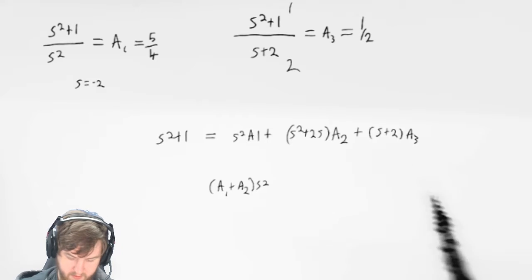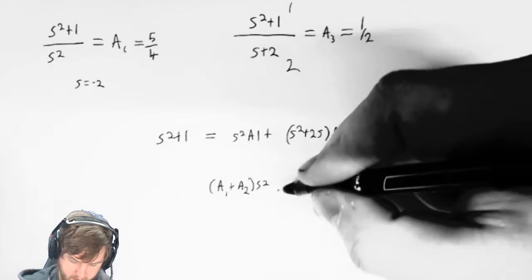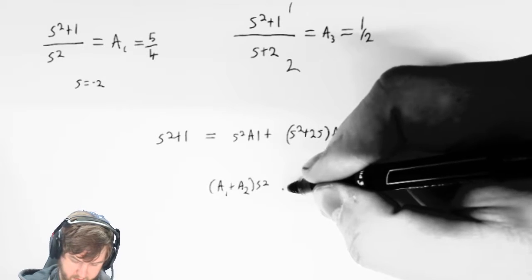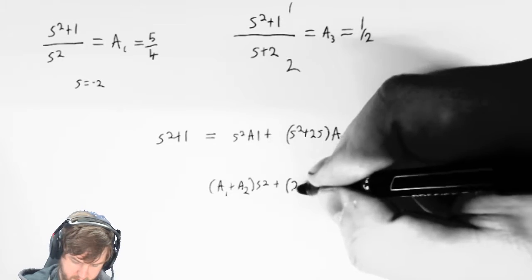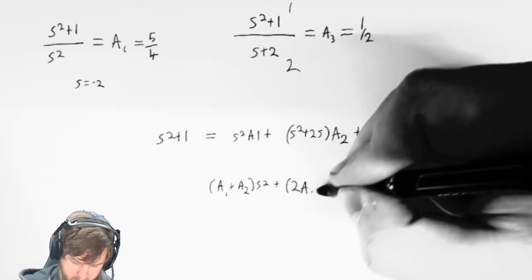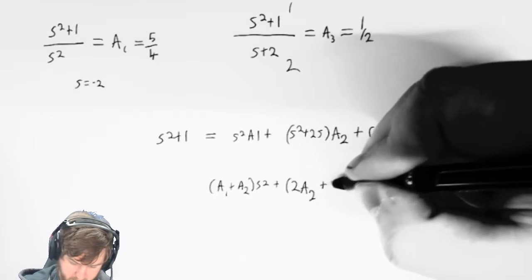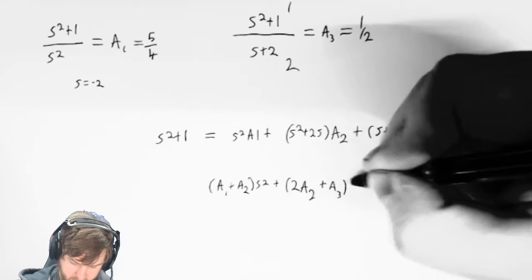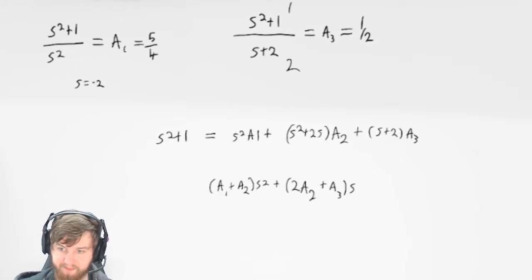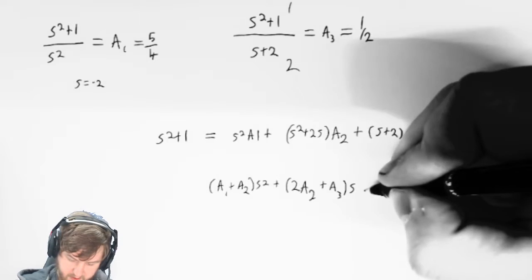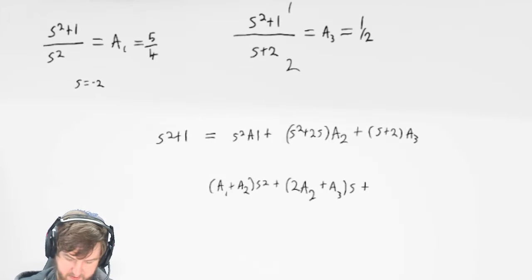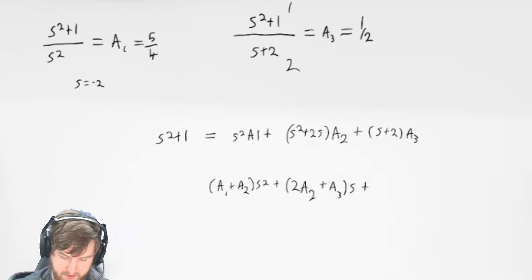So we'll write 2a2 plus a3 times s, plus, and it just looks like we have 2a3.